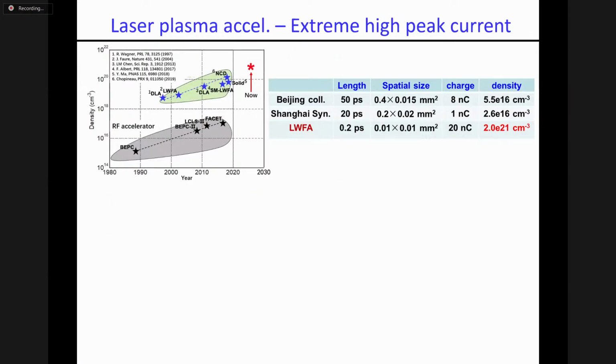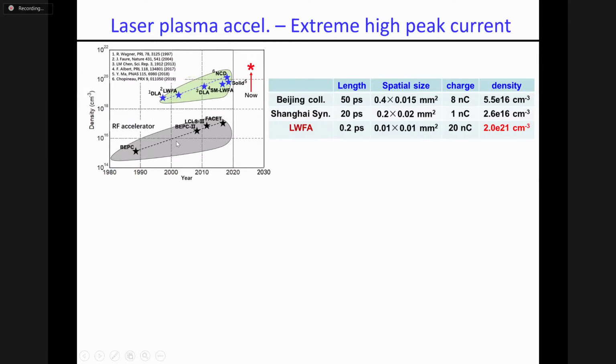Fortunately, we have the laser wakefield accelerator. Let's compare the Beijing collider, at a density of 5 times 10^16, and the laser wakefield accelerator, where we really have a density of 2 times 10^21. So the density is actually 4 or 5 orders higher than the traditional accelerators.